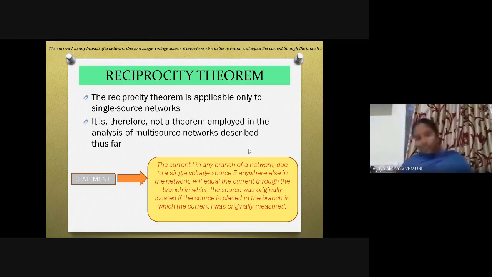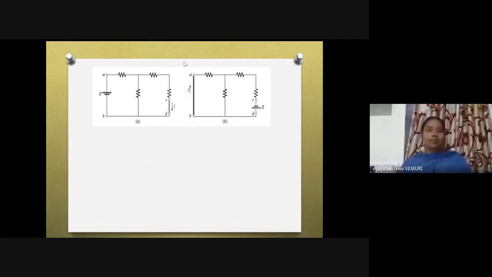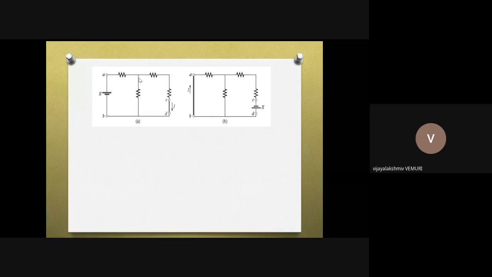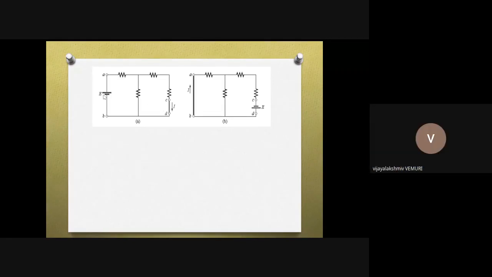I think you didn't understand, so let me show the figure. If you just observe here a circuit, I have so many resistors here, and a voltage source here. I found the ratio of this voltage to the current here. So this is the voltage source in the first mesh and the current in the second mesh.